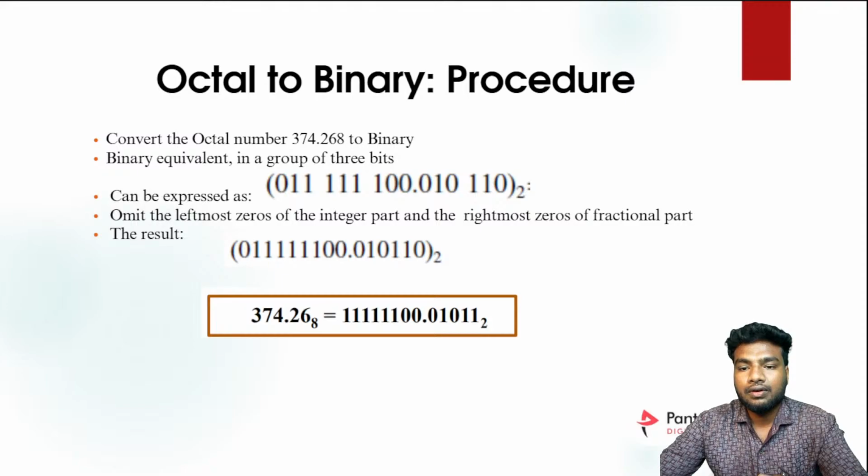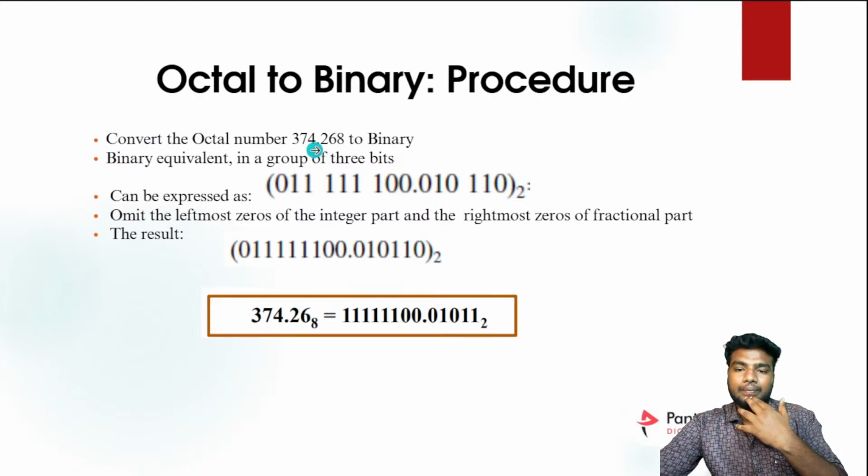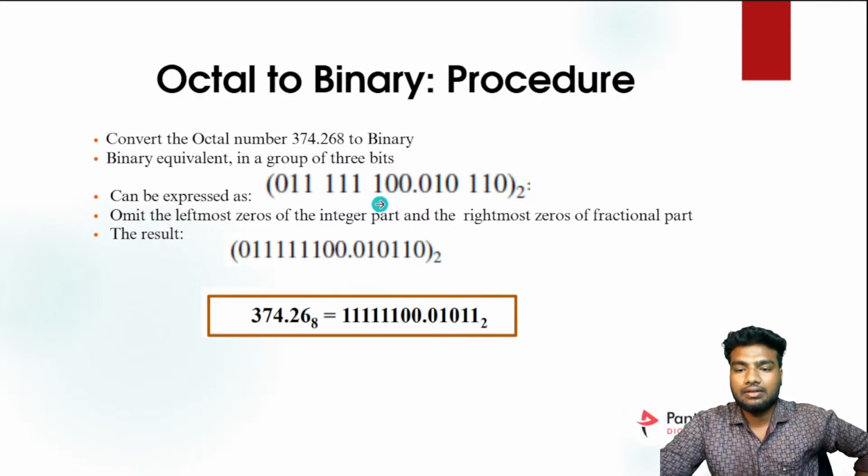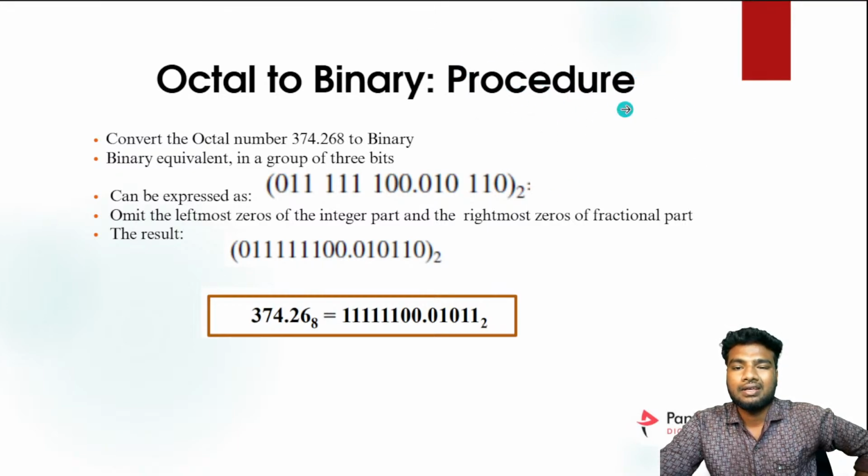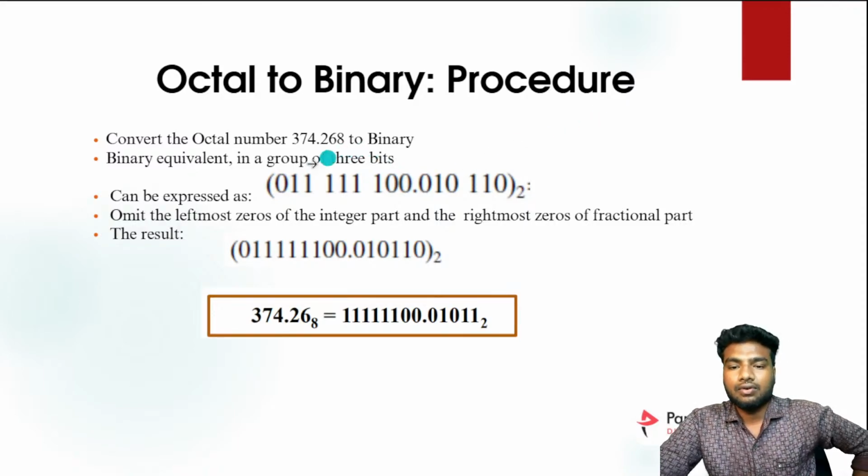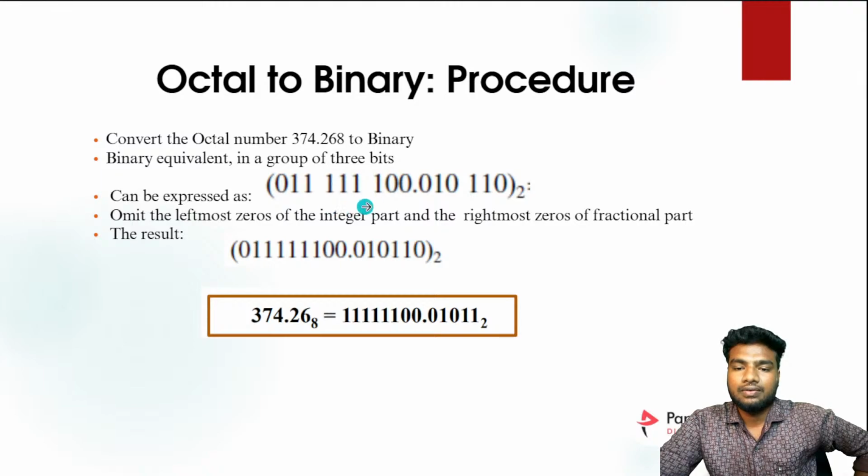I'll show you. 4 we can write in binary as 1 0 0. 7 means 111, and you may know about 8421, it is used for binary decimal conversions, same like that. So 7 means 111, this is 7 in binary, and this is 3 in binary. So this is the binary conversion.